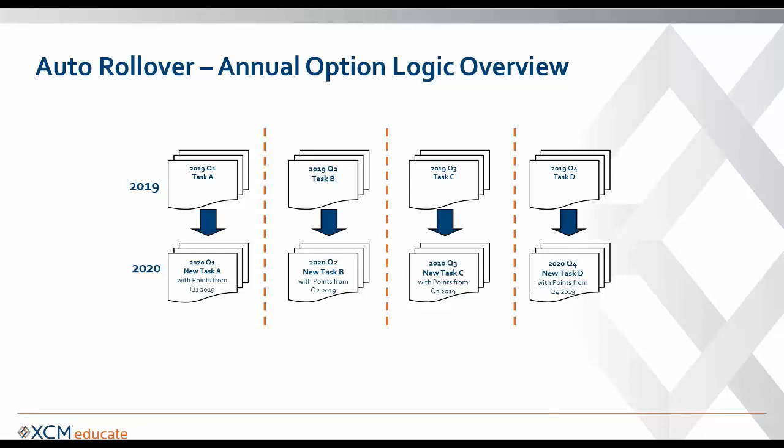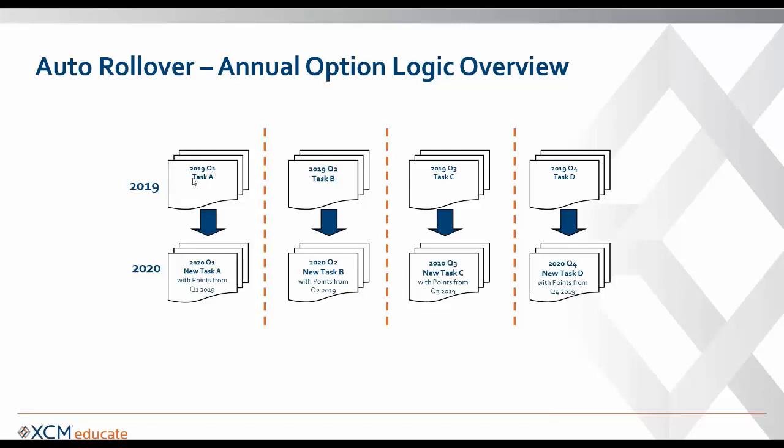The auto rollover logic, in this example, we're going to be using the quarterlies. Generally, the auto rollover is used for yearly options, but the quarterlies can be done if you want to have visibility of them. So in our example, you'll see we have Q1 set up.